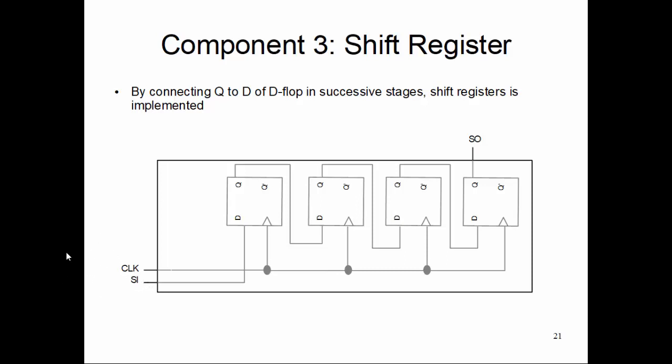So clock by clock it will store each bit in this first stage flip-flop, and in that same cycle this first stage flip-flop output will be stored in the second stage, the second stage output will be stored in the third stage, and the third stage output will be stored in the fourth stage. So as if this incoming bit is shifting from SI towards the SO terminal. Each clock it is shifting the values.